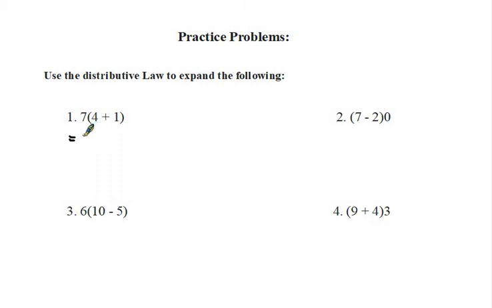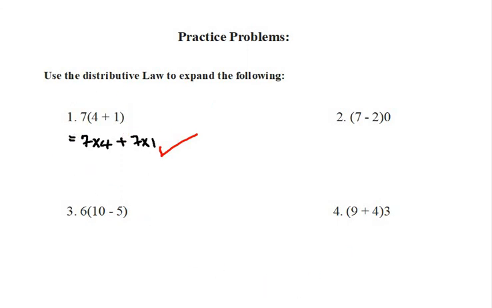So what would I have here for my answer? 7 times 4 plus 7 times 1. Excellent. That's basically where we stop. You can just put a tick beside that in your book. I'll give you some other work so you can submit and I mark them personally. All right, so that's for number 1.